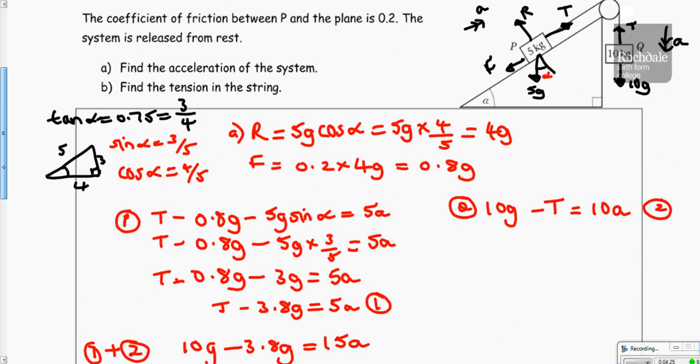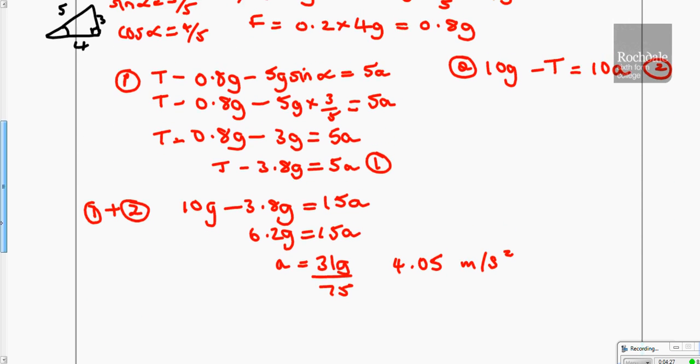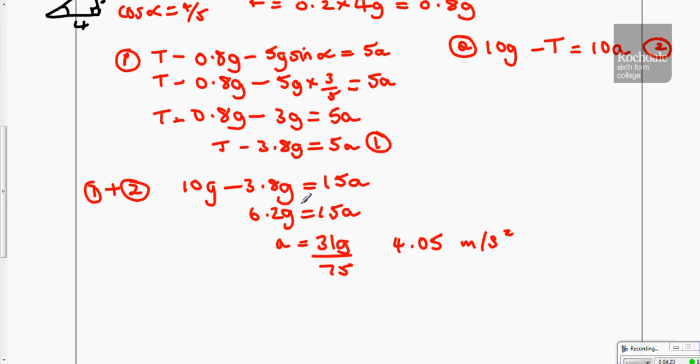Now the second part of the question asks us to find the tension, so all we need to do is substitute back into one of the two equations. Doesn't matter which one we do. Given that T is positive in equation 1, I'll probably use equation 1. So T will be equal to, bringing the 3.8g over to the right hand side, 3.8g plus 5 multiplied by the full answer for the acceleration.